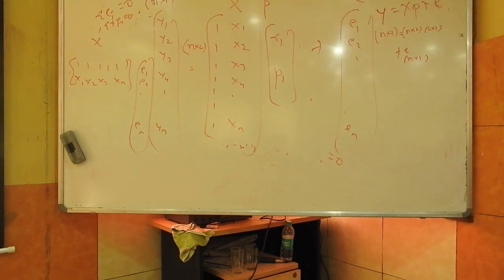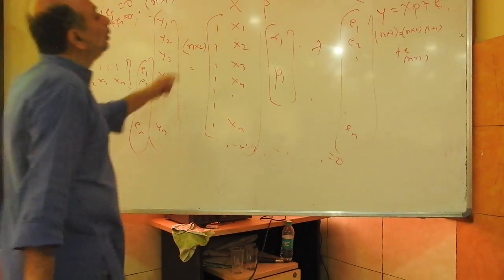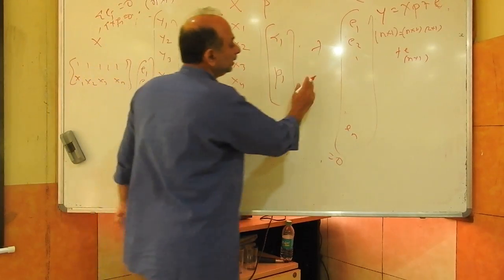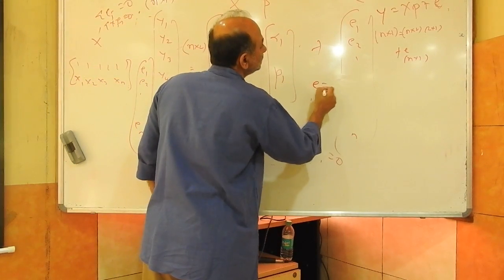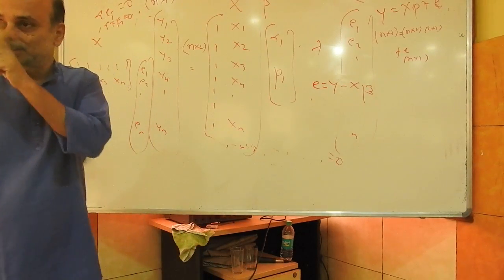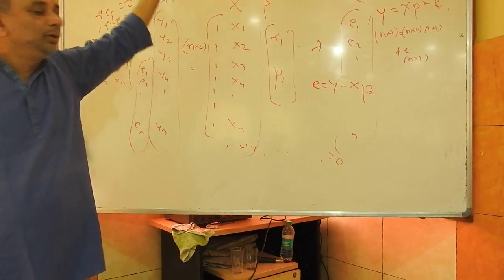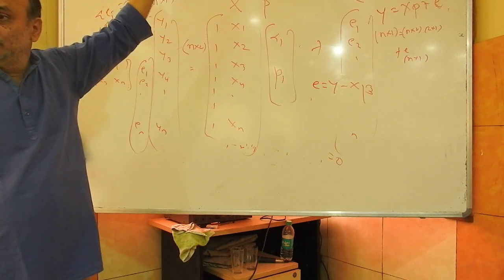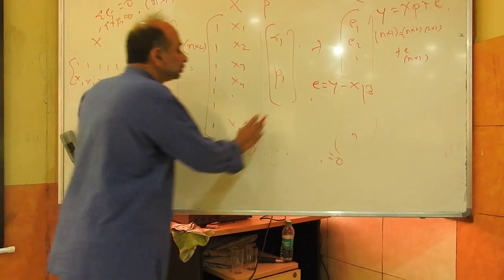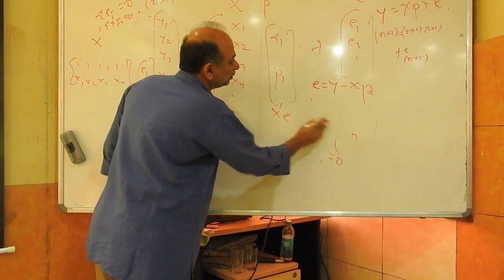Right? I have to set the X transpose E matrix to be 0. But what is X transpose E? Y is equal to X beta plus E. So what is E? E now is Y minus X beta, because Y is equal to X beta plus E. So E is Y minus X beta. Sure? Okay. So what is X transpose E?